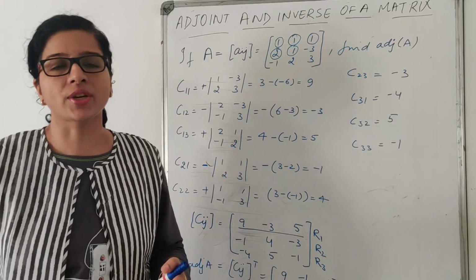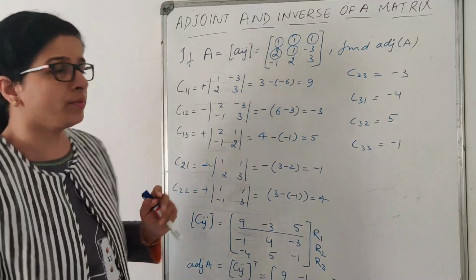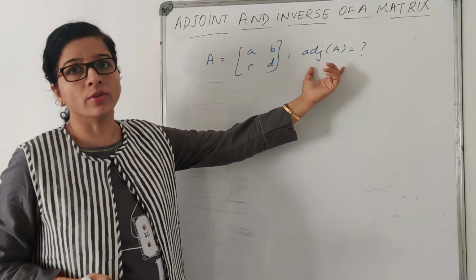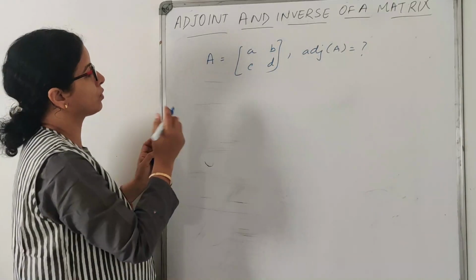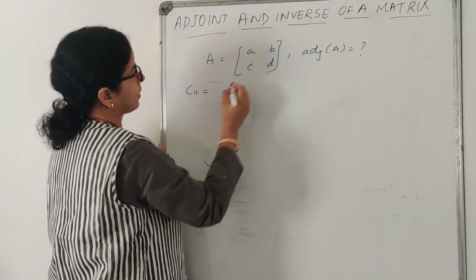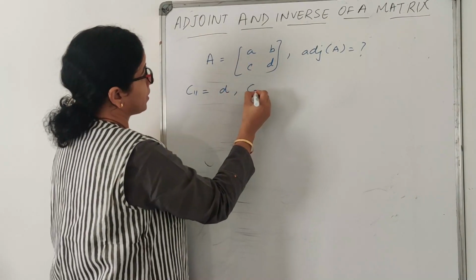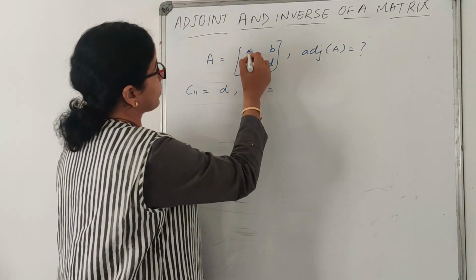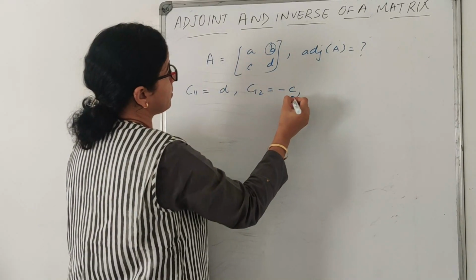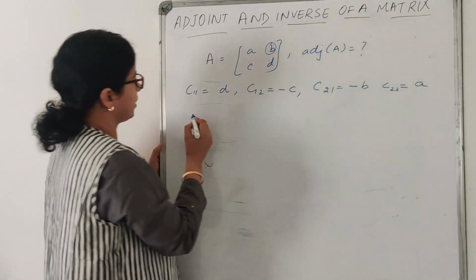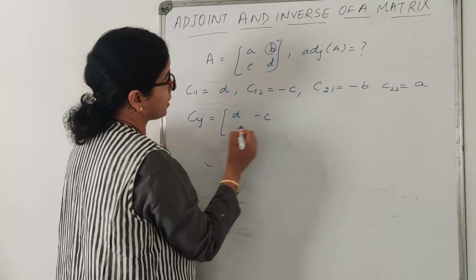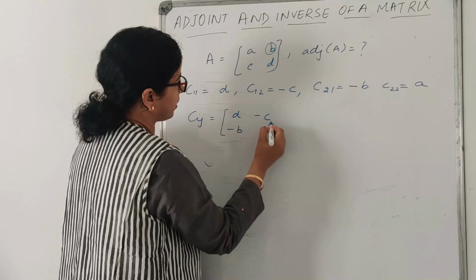Now let us check the example for 2 cross 2. We have been given the matrix with entries a, b, c, d, and I have to find the adjoint of A. First I will find the cofactors. C11 will be d, C12 will be minus c, and so on. So my Cij matrix is d, minus c, minus b, a.